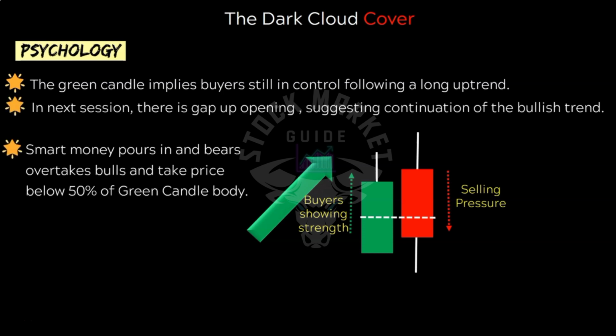But as the market becomes overheated, big players enter the scene and start profit booking and again take new positions in the market. The bulls then lose momentum as the bears start conquering the market. The bears then take the price lower during the session and eventually manage to close the price at 50% or more from the previous session. Friends, hope the psychology behind this pattern is clear to you.